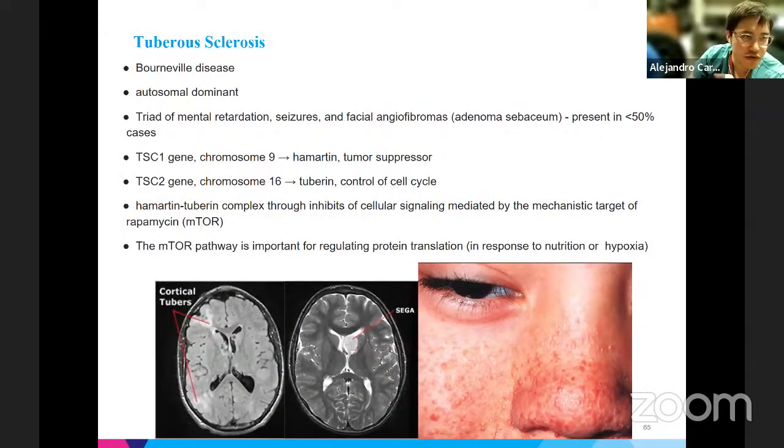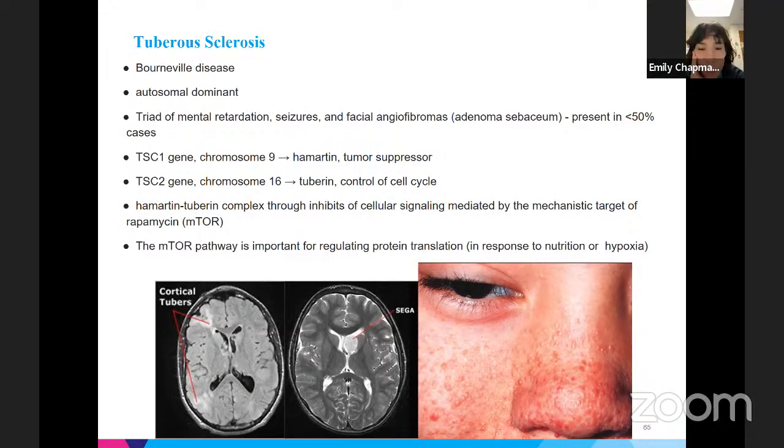And just quickly to go over tuberous sclerosis or Bourneville disease, it's also autosomal dominant, either the TSC1 gene or the TSC2 gene, and implicates the mTOR pathway. Emily, do you know what mTOR stands for? It's a signaling pathway.